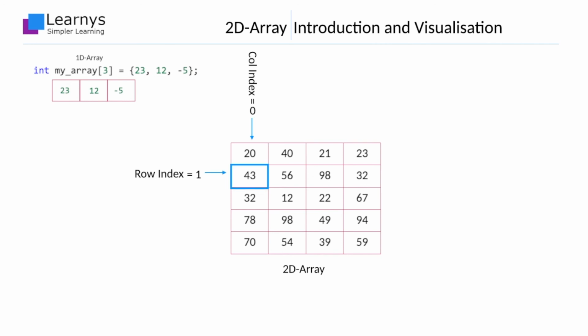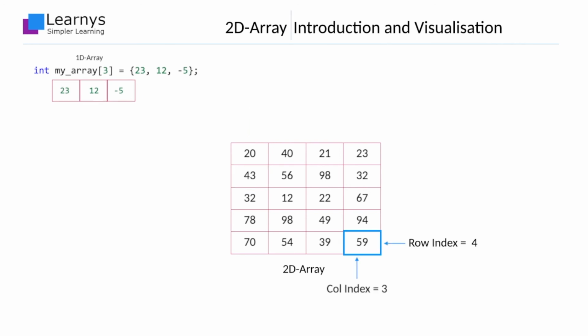The element in the second row and first column, whose row index is 1 and column index is 0, is 43. And the element in the fifth row and fourth column, whose row index is 4 and column index is 3, is 59. We will discuss the process of accessing elements of a two-dimensional array in a little while.